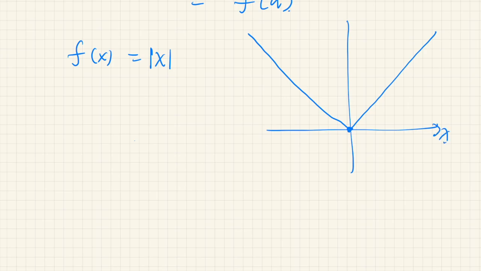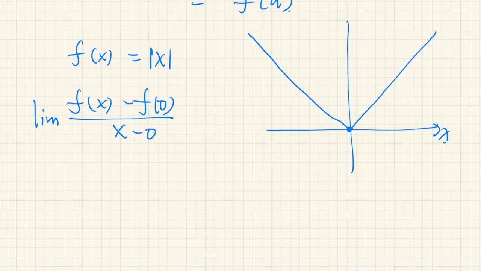Right? So let's take the right limit. So to calculate the derivative of this, first consider the right limit, f of x minus f of 0 divided by x minus 0, and x going to 0 from the right.